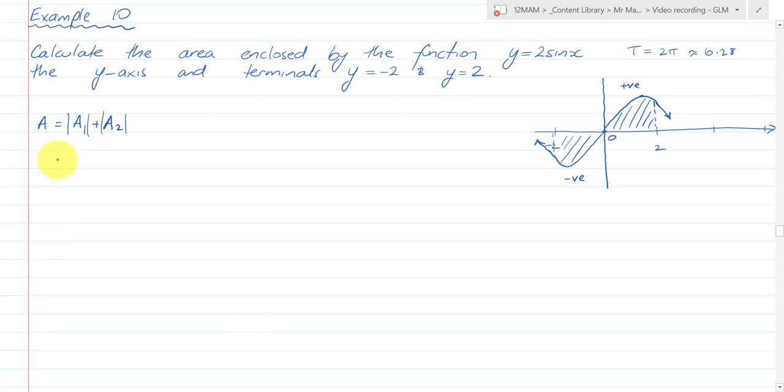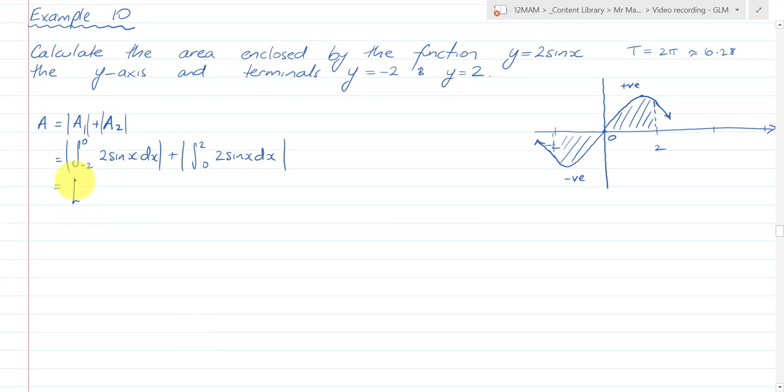And of course, now I can put in my integrals. So I get the integral from 0 to -2 of 2 sine x dx, and that's an absolute value, plus the absolute value of the integral from 2 to 0 of 2 sine x dx there.